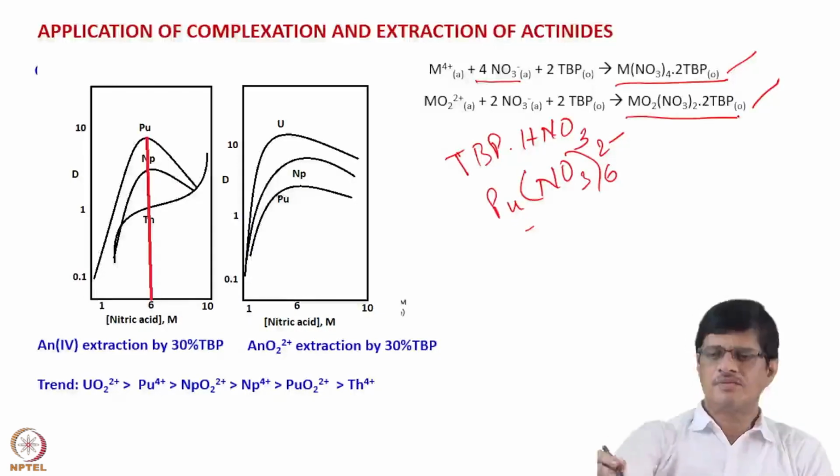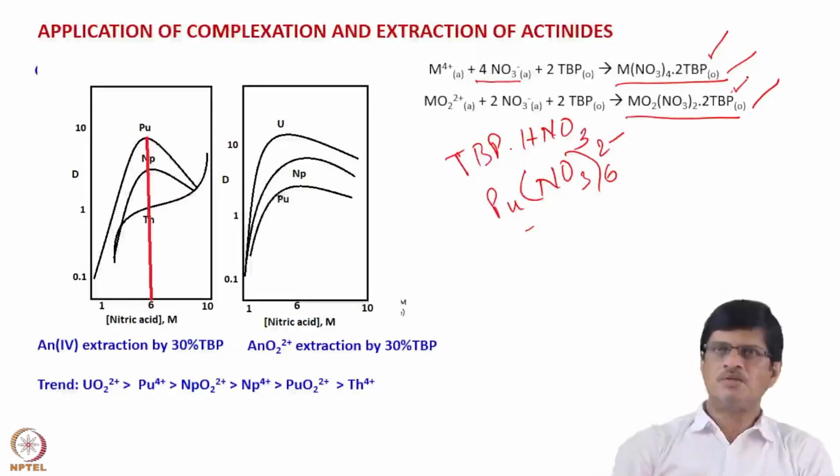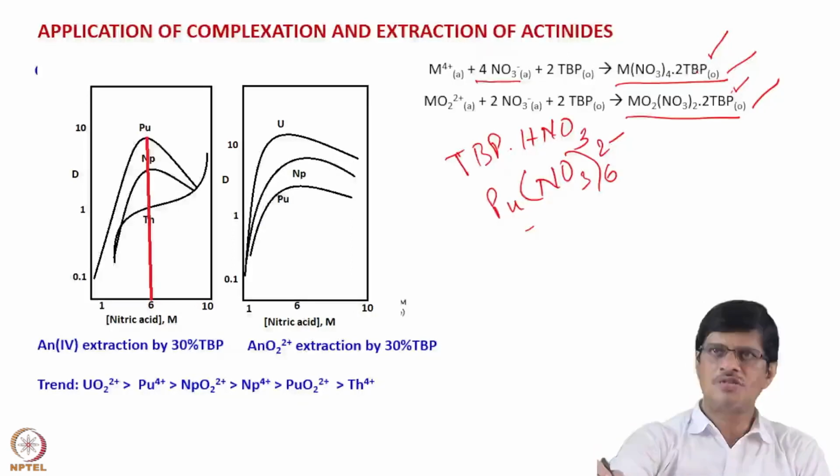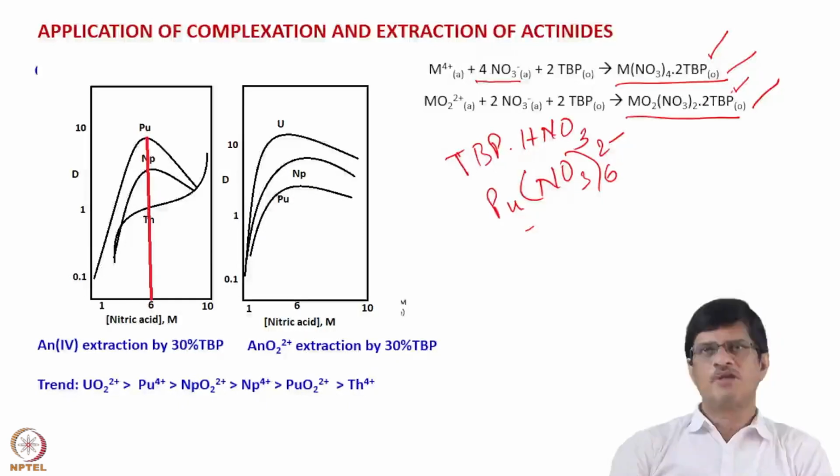You can see these 2 species for the tetravalent as well as the hexavalent ions. You find that the number of TBP molecules is the same for both. So that means the organophilicity of this extracted complex due to the presence of TBP is the same for the tetravalent as well as the hexavalent metal ions.